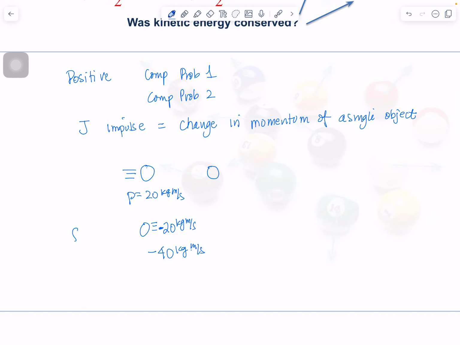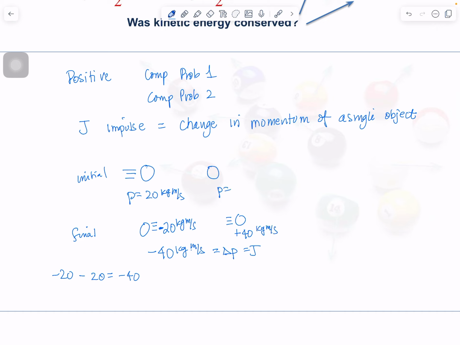So this is my final. Okay, so final is minus 20. I'm just going to do numbers. Minus the initial is 20 is equal to minus 40. So this is my change in momentum, or my impulse. And so that means that my stationary object now has to go this way, and it's going to have a momentum of plus 40 kilogram meters per second.